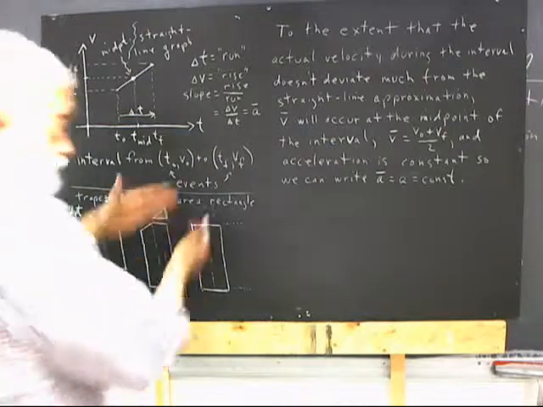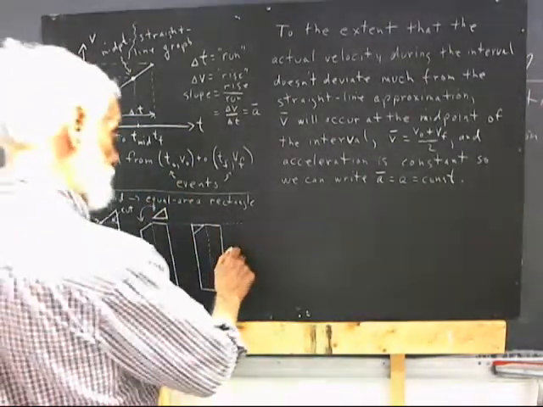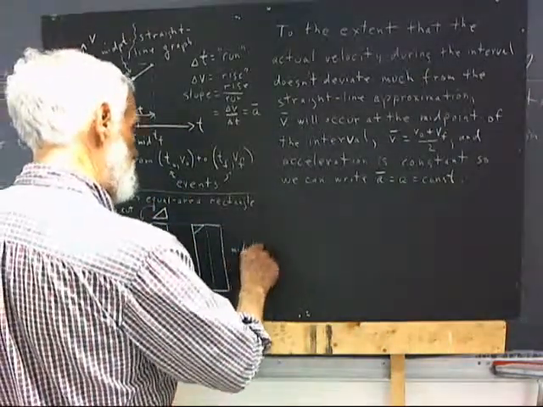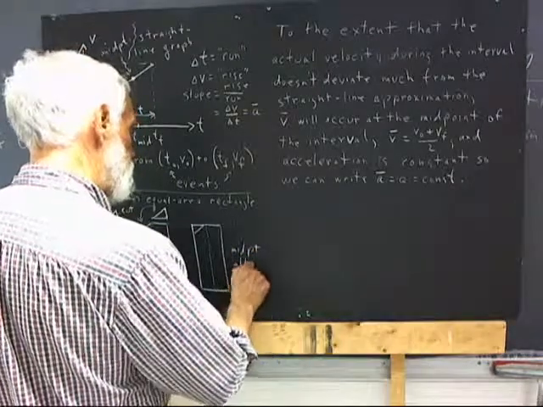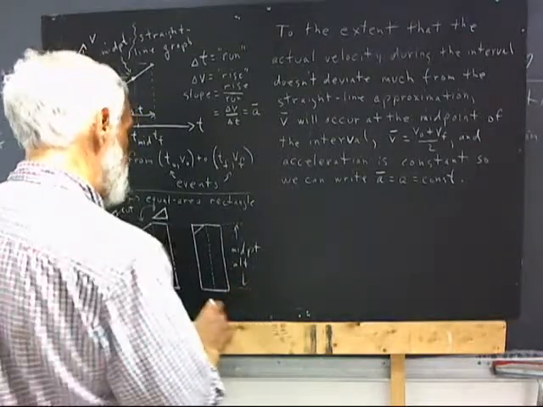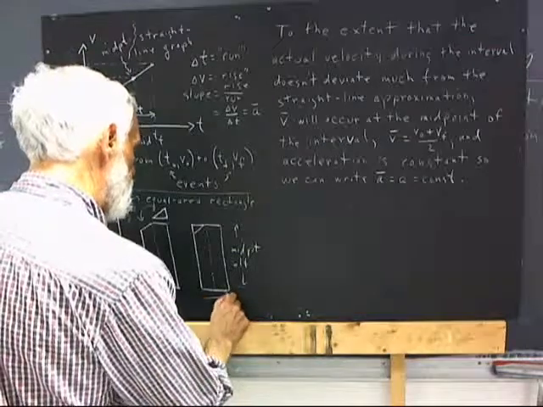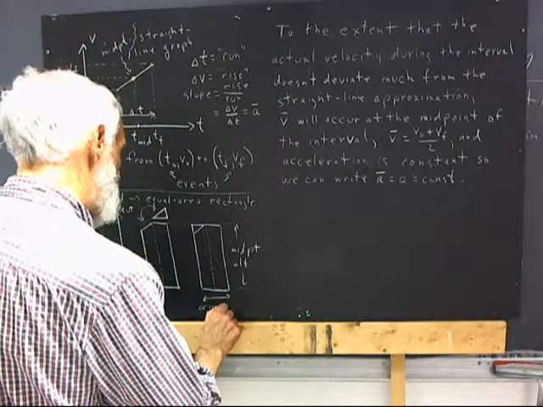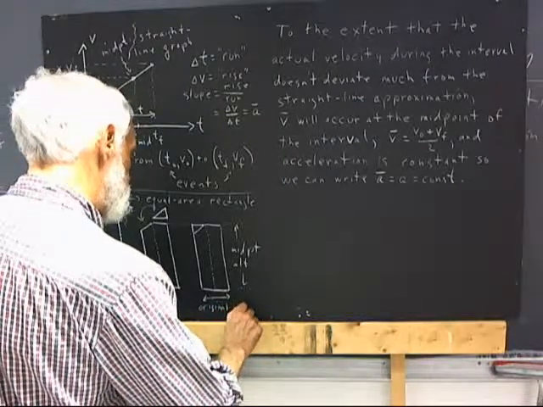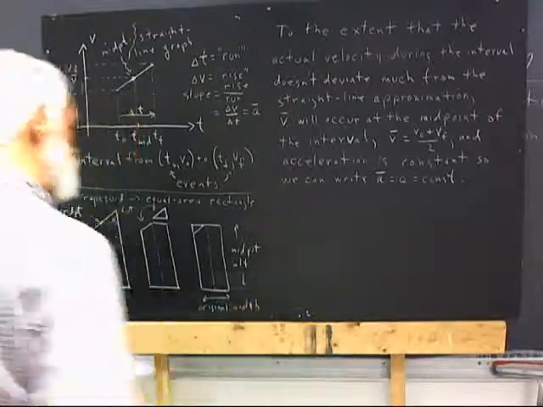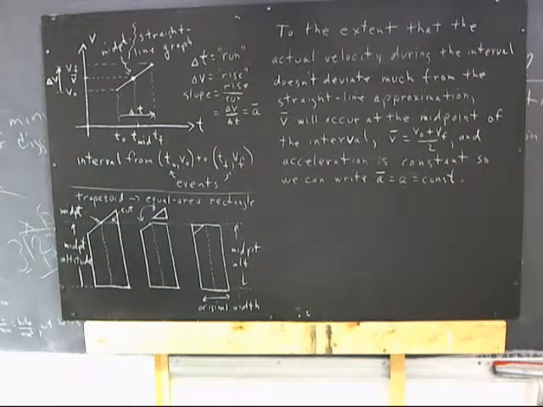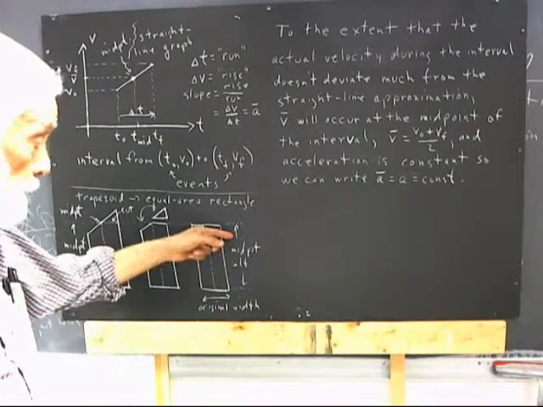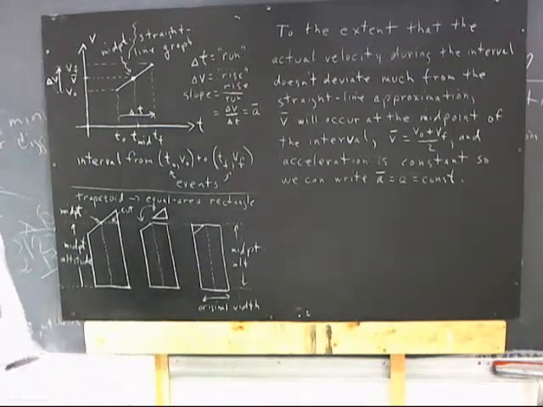Now, what are the dimensions of this rectangle? Well, the altitude is the midpoint altitude of the original trapezoid, and the width is the original width. So the area is simply the midpoint altitude multiplied by the original width.